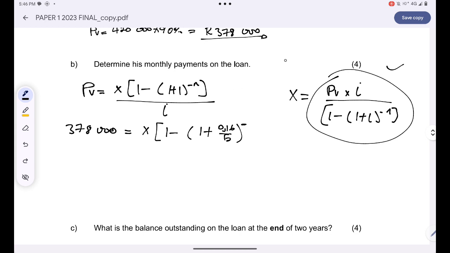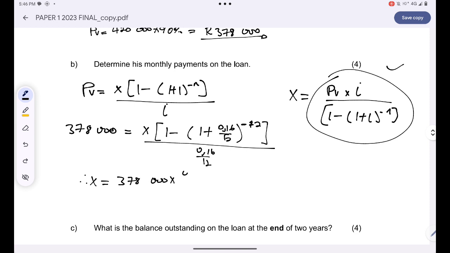So this will just be 6 multiplied by 12, which is 72. There will be 72 payments, and then I simply have 0.16 over 12.